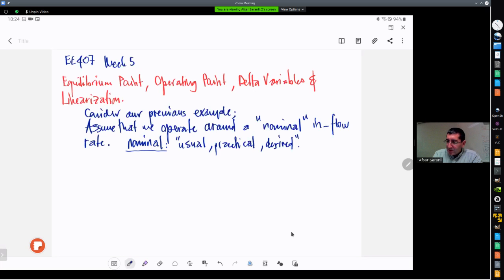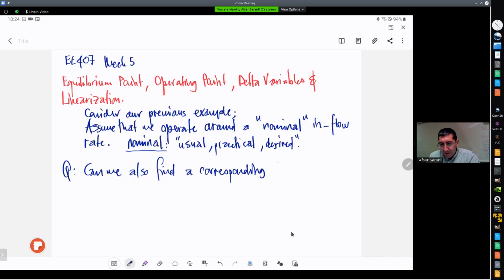Now the question here is, can we also find a corresponding value for h of t?